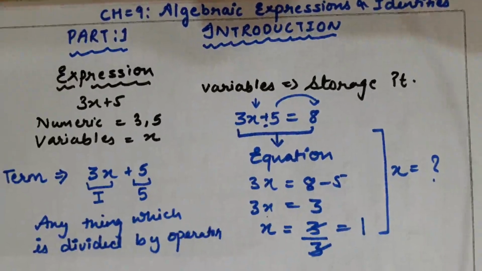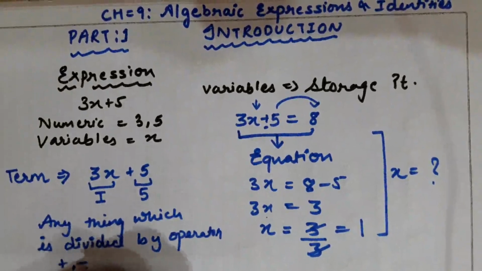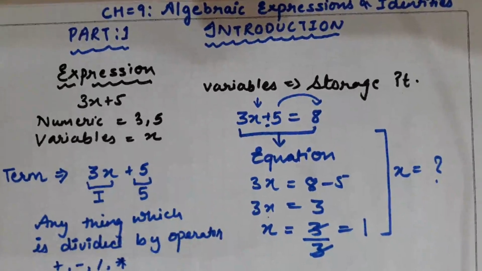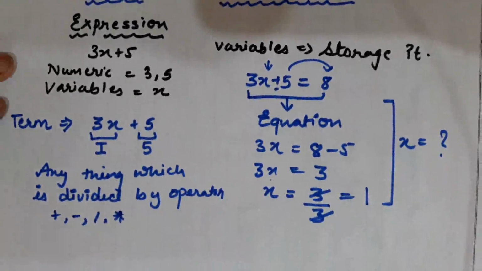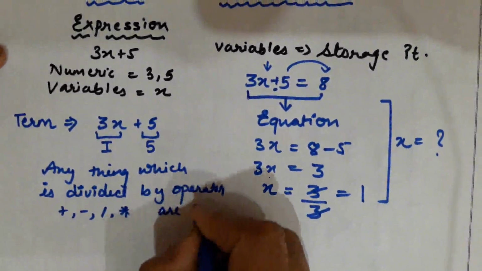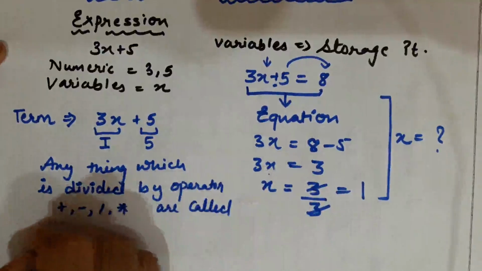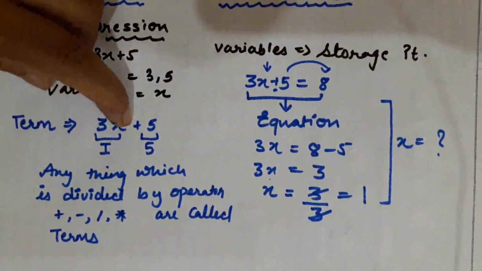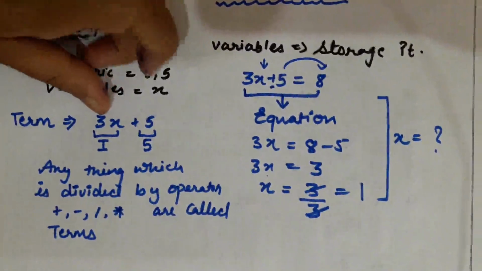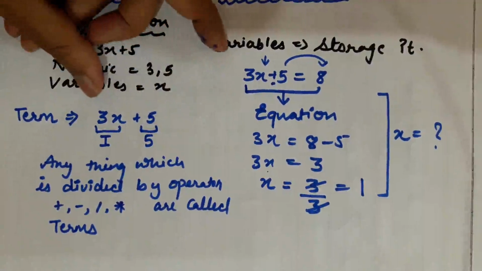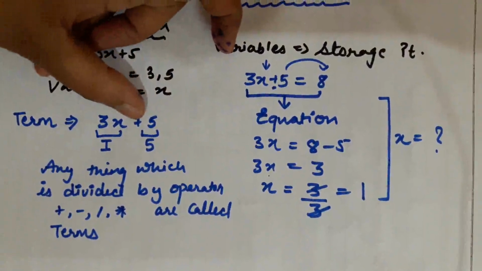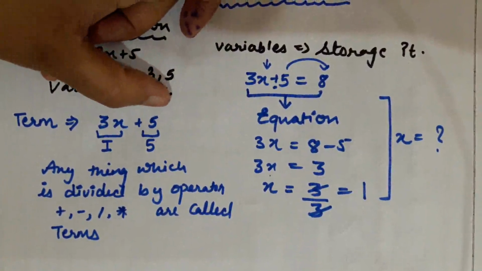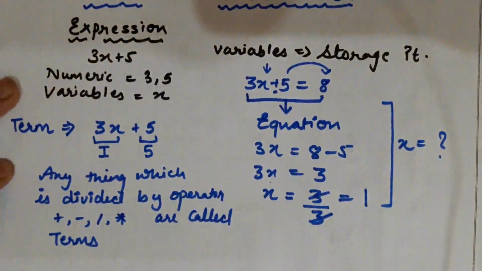How many operators do we have? Plus, minus, divide and multiply. In this, the plus operator is there, so 3x and 5 are divided into two groups with the help of the plus operator. So 3x is one term, 5 is another term. I hope you are getting my point.